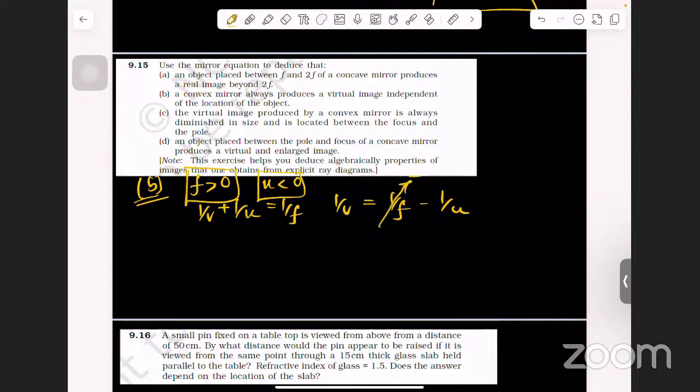So this thing is positive. This is negative of negative. So this expression would be positive.